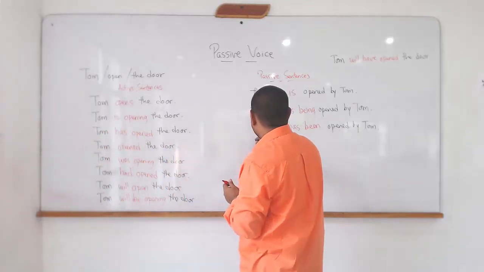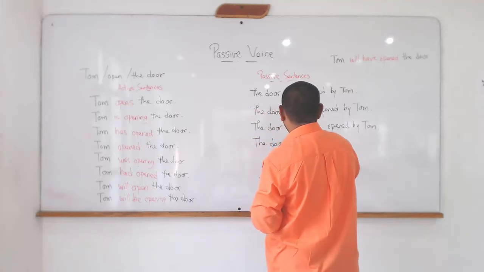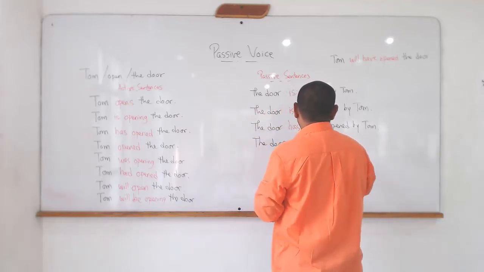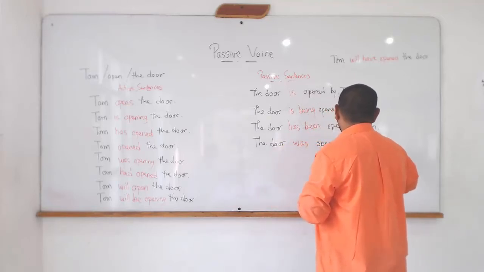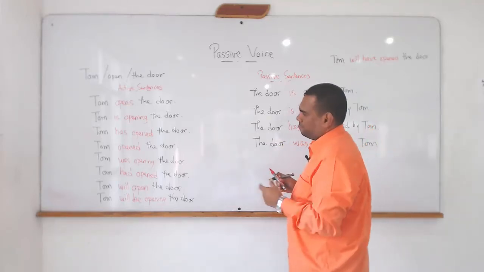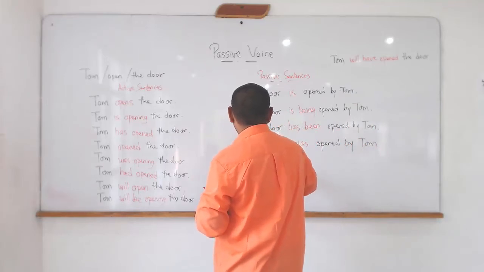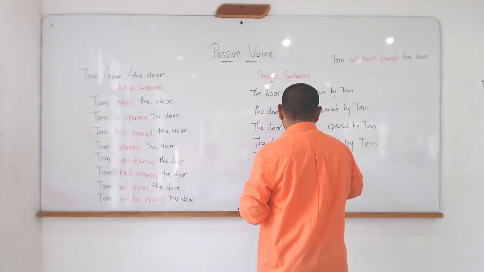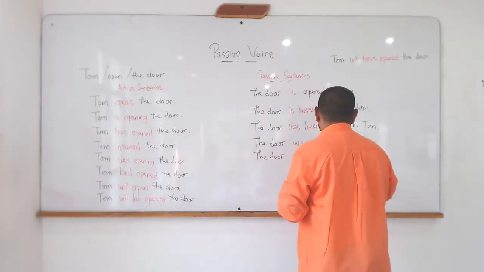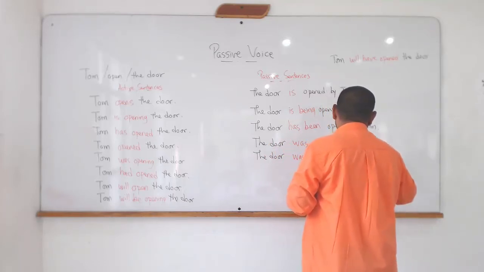Now past. Tom opened the door. So we say, the door was opened by Tom. Now past continuous. The door was being opened by Tom.